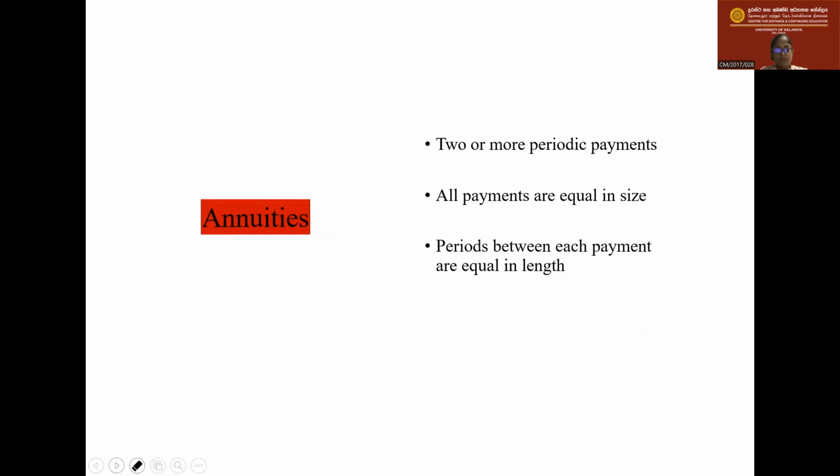With the perpetual annuity, we can take three types of annuities as well, but mainly two types: ordinary annuity and annuity due. When it comes to the perpetual annuity, it is expected to continue forever. There is no closing period. It continues forever, right? Okay.